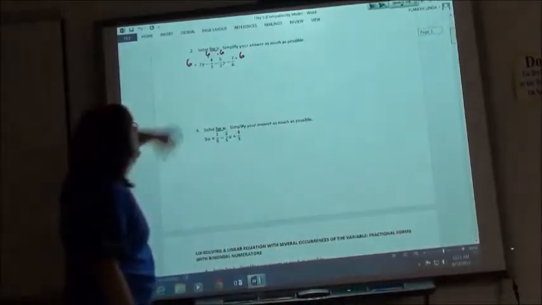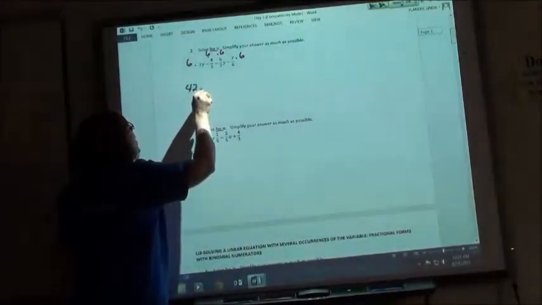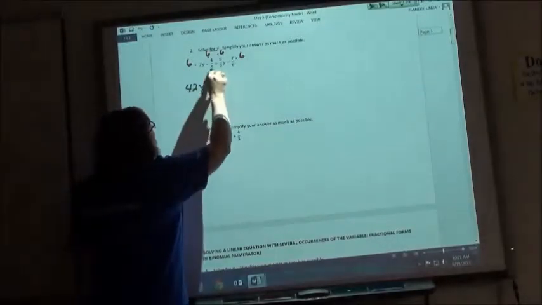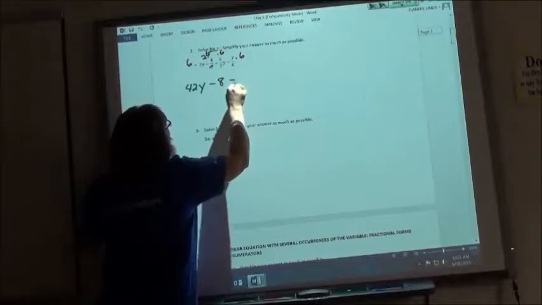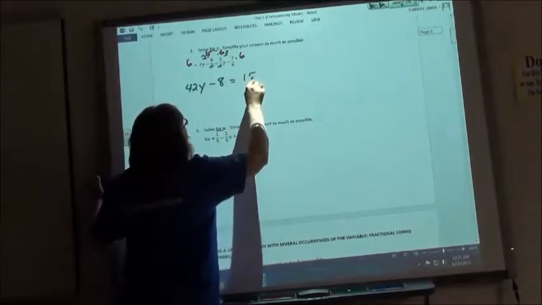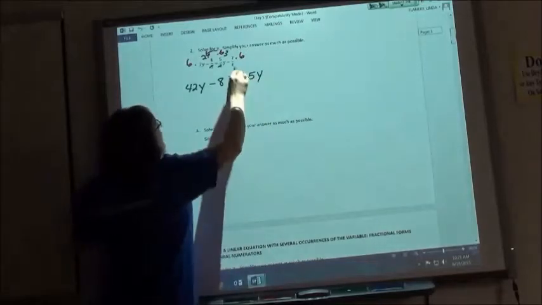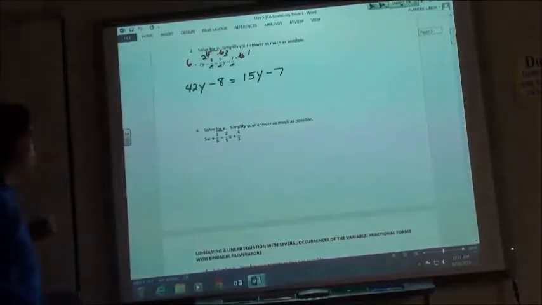Now of course we don't have a fraction on the first one. 6 times 7y is just 42y. Minus, 3 goes into 6 2 times 4, so minus 8 there, equals 2 goes into 6 3 times 5y, so 15y, and 6 goes into 6 1 times minus 7, minus 7.